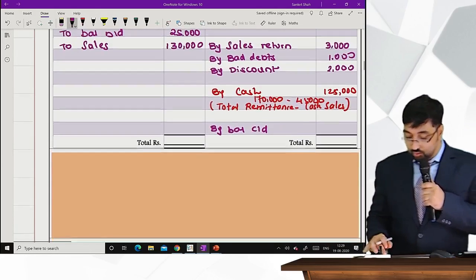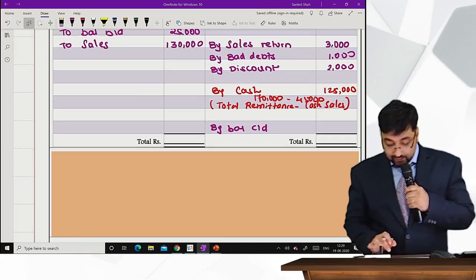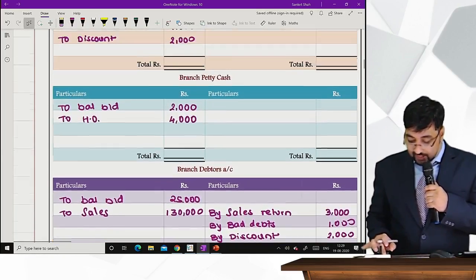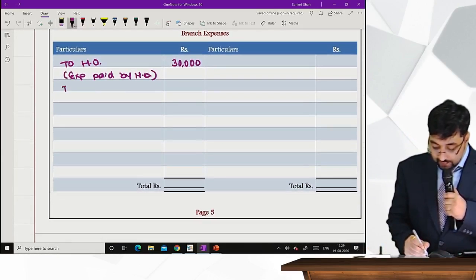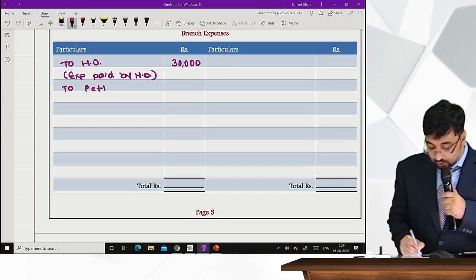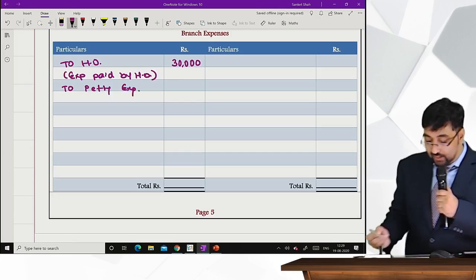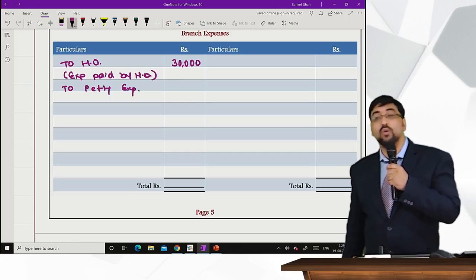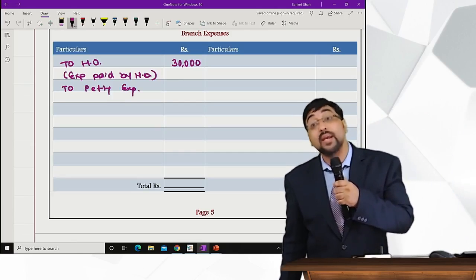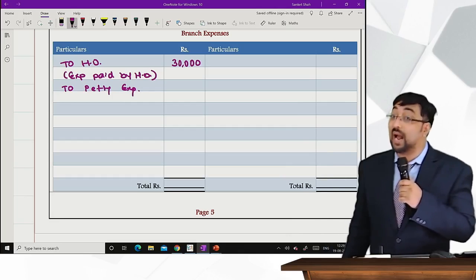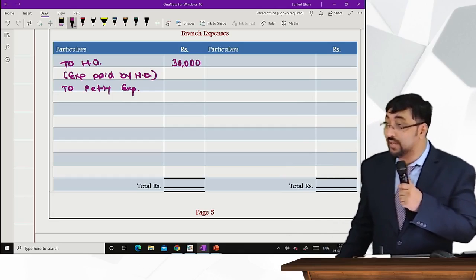Now we are going to close one by one account. So petty cash, okay, one expenses, petty expenses made by branch. So to petty expense, you will write it in branch expense account. What entry are you going to pass? Petty expenses account debit to petty cash. Expenses we will transfer in expenses account, petty expenses.